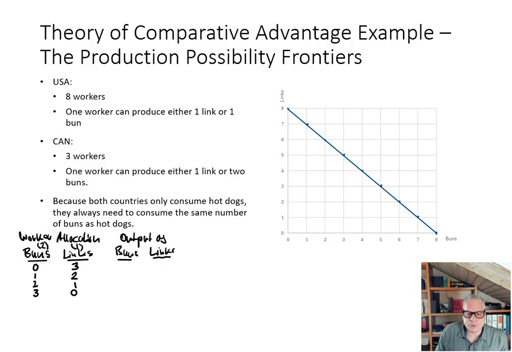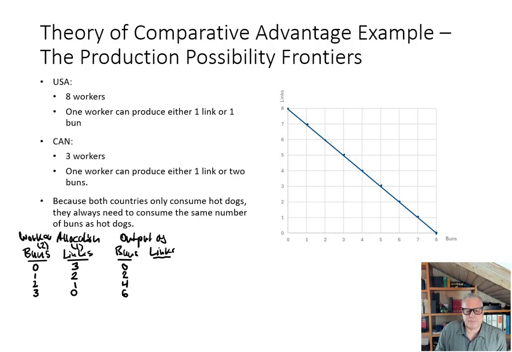Well, 0 times 2. But if 1 worker works at buns and each worker can produce 2, then 1 times 2, that's 2. And if 2 workers produce buns, well, then I can get 4. And if all 3 workers only produce buns and each worker can produce 2, the total will be 6.